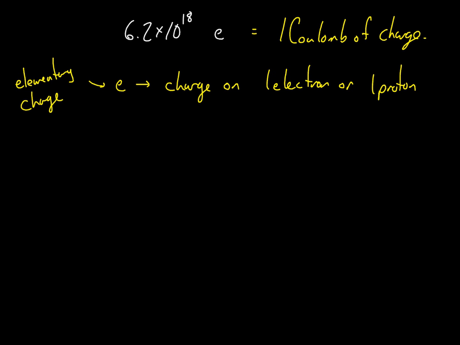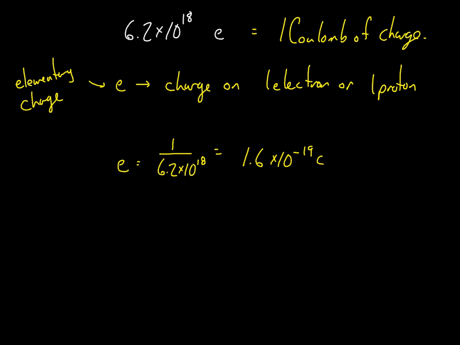So what that also means is that we could figure out what the charge on E is. The charge on a single E would be this. And you get a really small value of roughly 1.6 times 10 to the negative 19 coulombs.